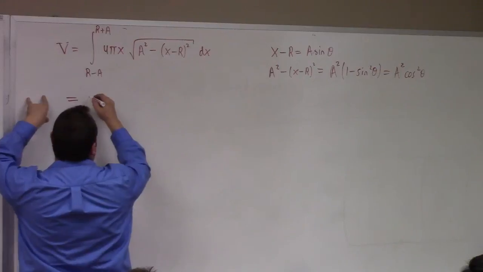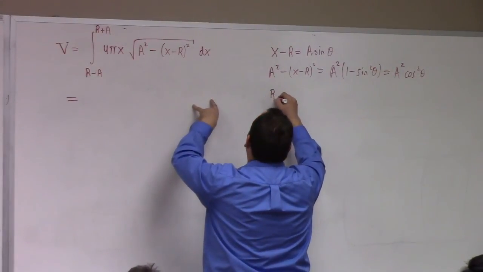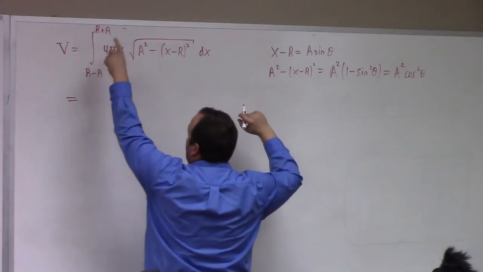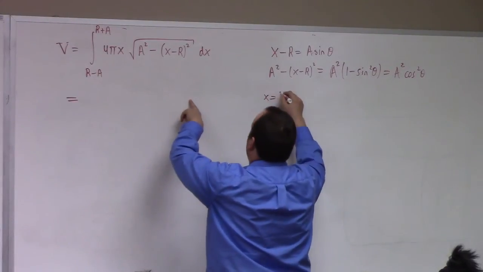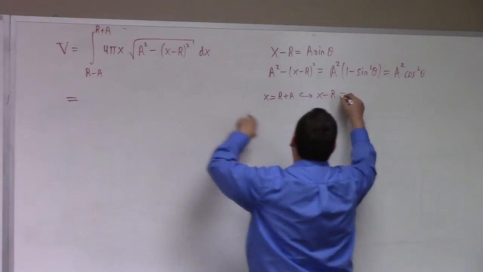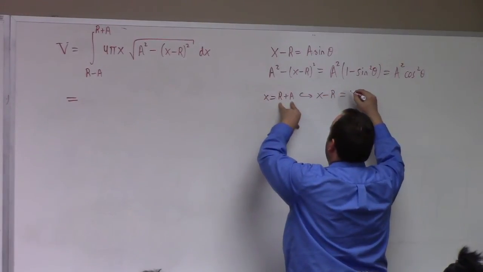And so, what do the bounds change to? If we have x equals r plus a, that says that x minus r is equal to a.